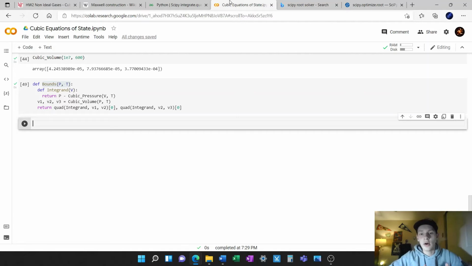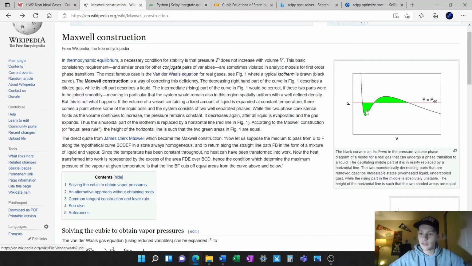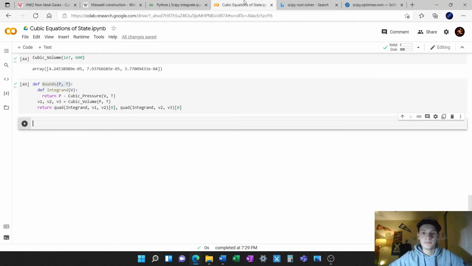What we need to do now is use the root solver, and to do that we need to define a function that we can supply to the root solver. Specifically, we want to find a certain pressure value that makes these two highlighted green areas of our Maxwell construction equal. Specifically, we want the sum of this left area and the right area equal to 0.